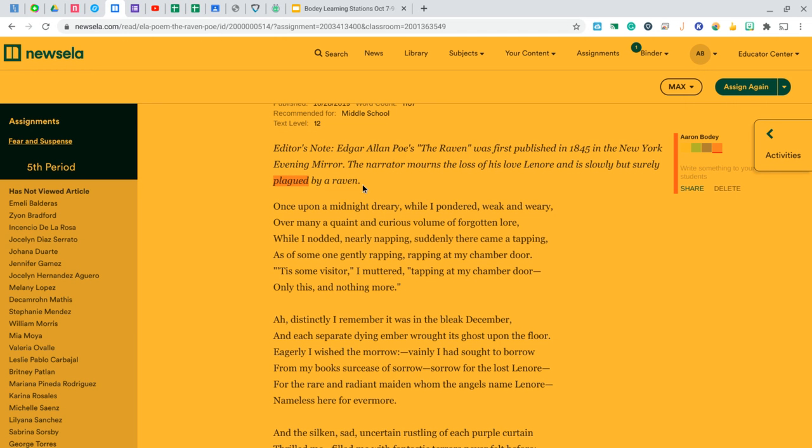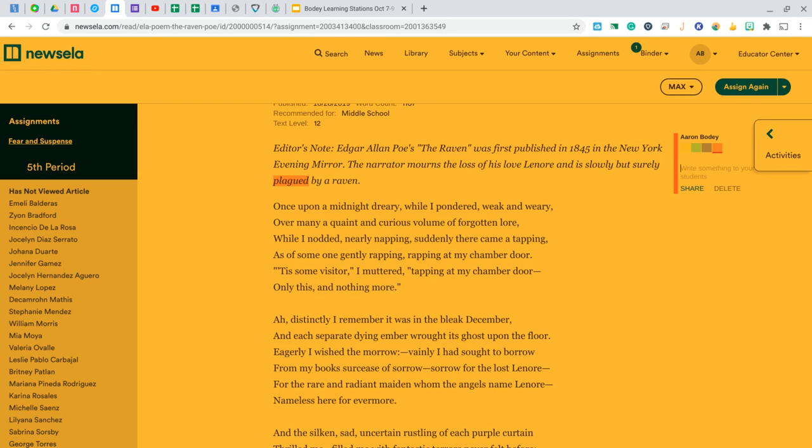So we don't really have a definition. We don't have antonyms or synonyms. We don't have an example. We don't have an appositive. And we don't really have word parts. We could look it up and find the word origin, but we don't really see any word parts here, other than it's past tense because of the ed.